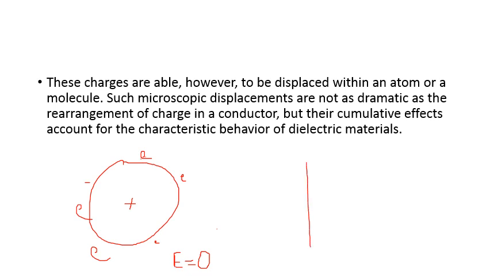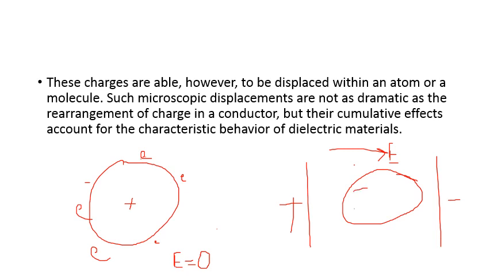But if you put this atom in an electric field, suppose in this direction, meaning the left plate is positive and the right plate is negative, it gives a very special behavior, and the behavior is that it becomes an ellipse, where due to the positive charge you will have negative charge here, and similarly on the right side you will have positive charge.